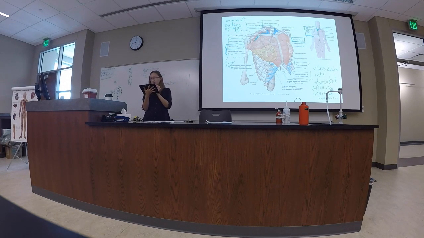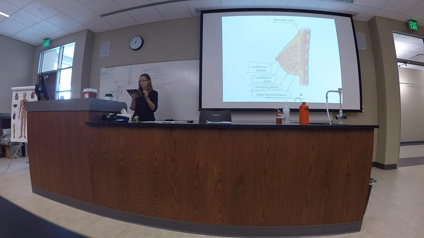Actually, it'd be better on this diagram back here. In between the lobules and the fat that's embedded in the breast, we also have suspensory ligaments, little bunches of connective tissue that coalesce into the suspensory ligaments of the breast, right under the dermis of the skin, the deep layer of the skin, and help support the breast.